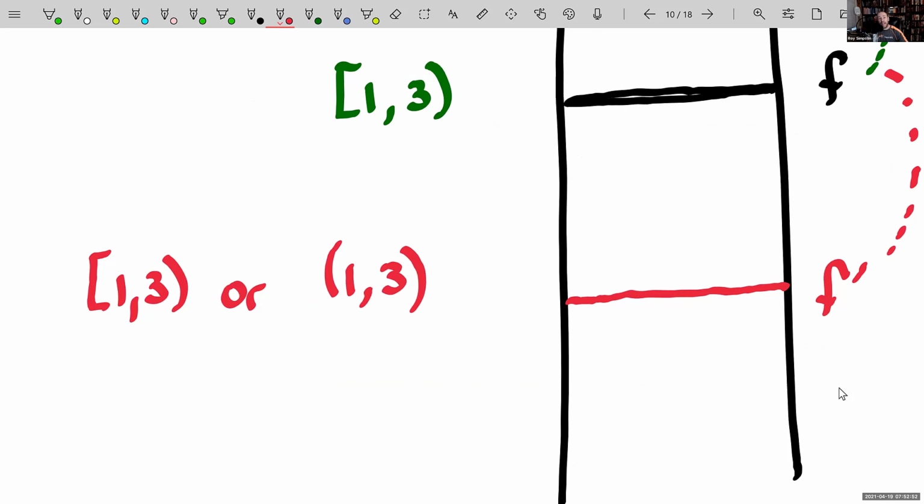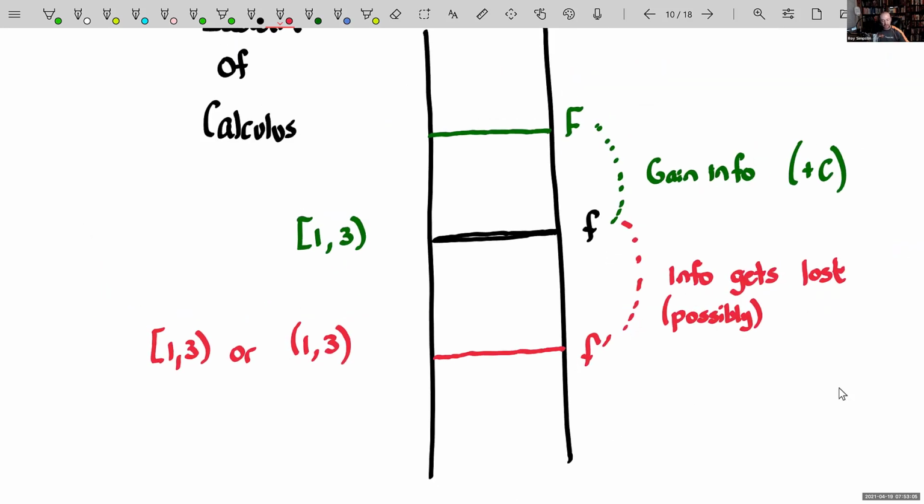You'll never gain an edge when you take derivatives. You might keep the edges or you might lose an edge, but you'll never gain anything. Gaining is for anti-differentiation. Losing is for differentiation. Let me write that in black so my color scheme actually is matching.